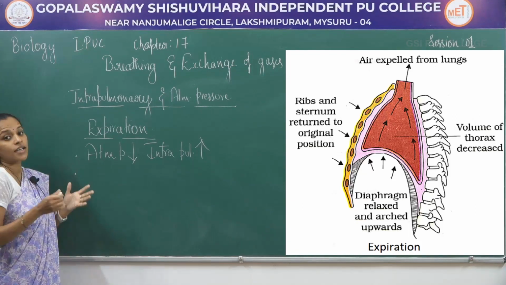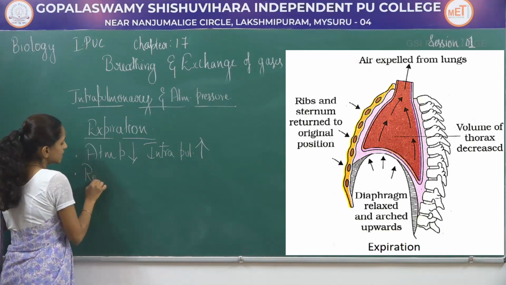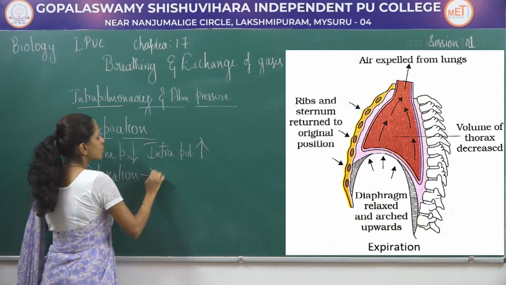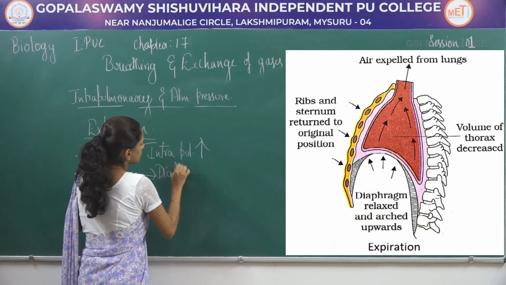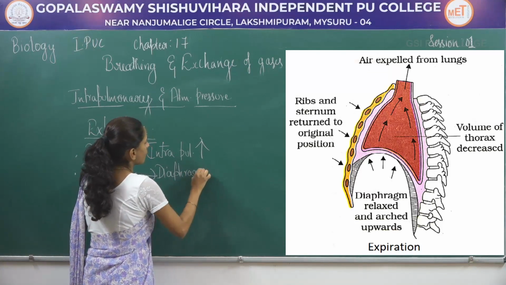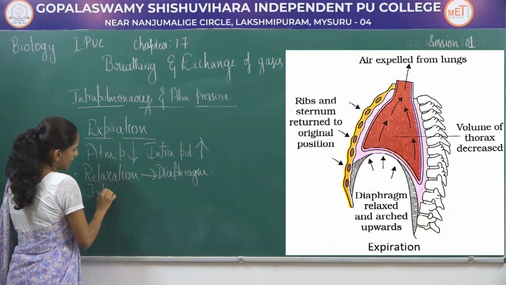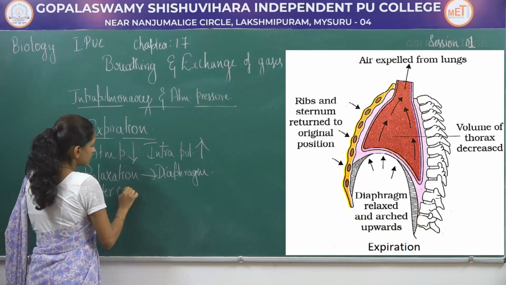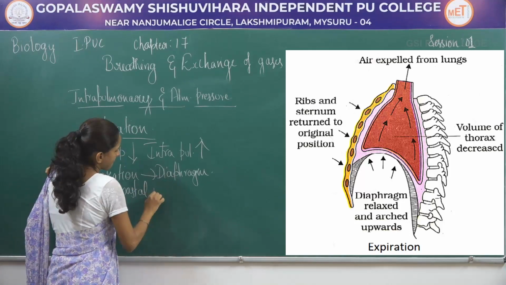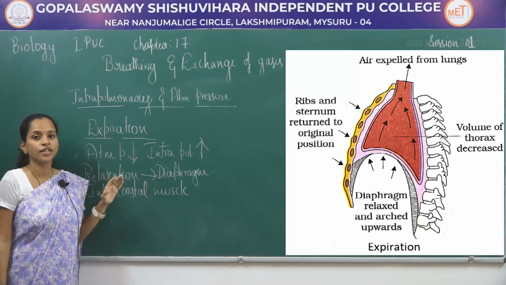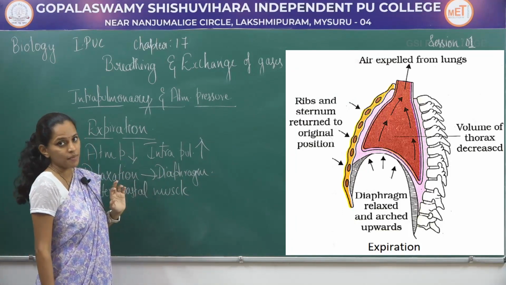Next process, that is contraction. Here it is relaxation. Relaxation of diaphragm, relaxation of intercostal muscle. So the original dome shape of the diaphragm is restored now.